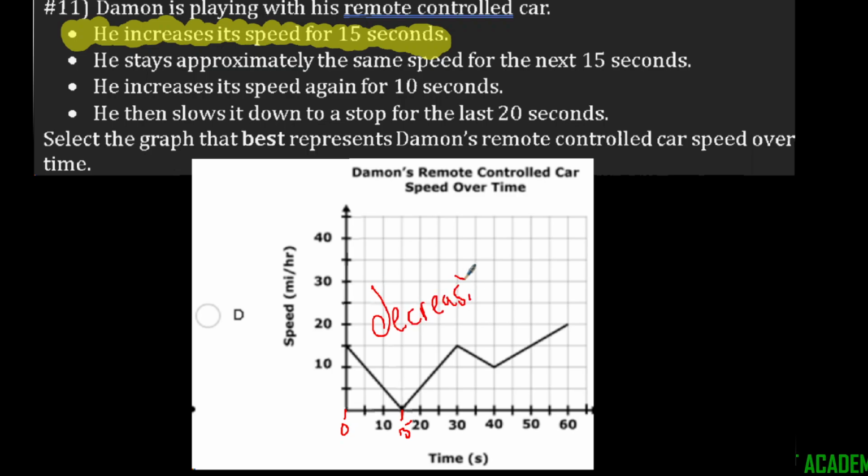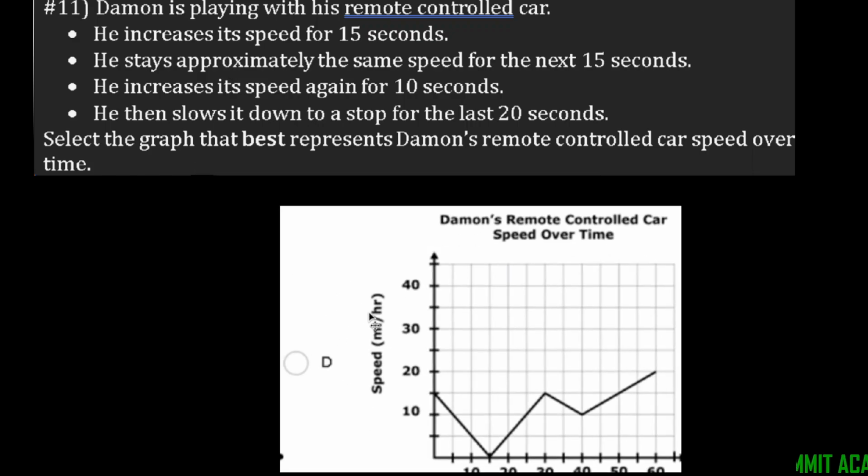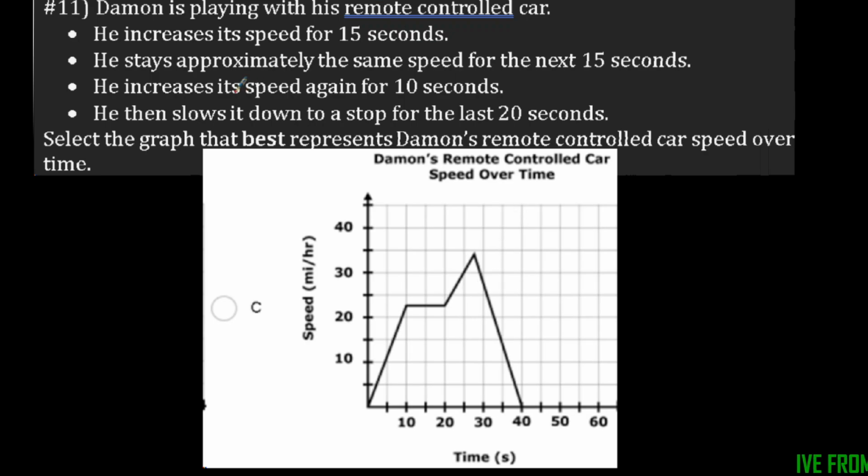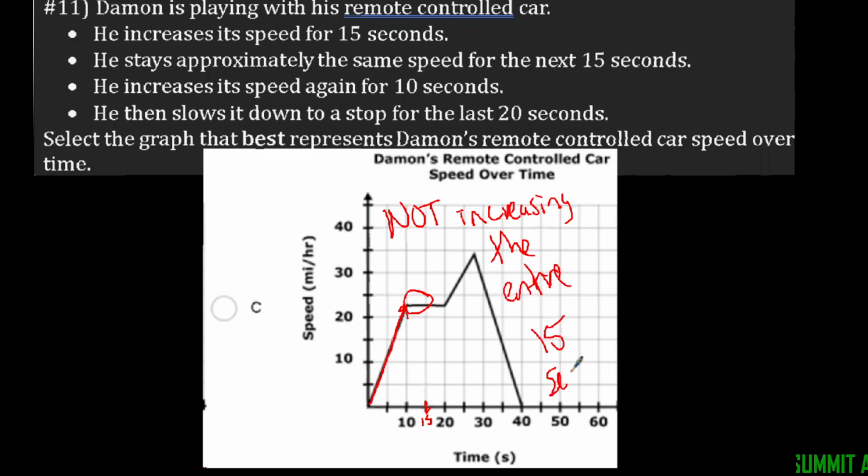As that's going down, it's decreasing, so it's not going to be D. Then for the next one, C, this is also increasing, so this one is good. However, we have to go to 15 seconds. Notice on this part right here, it's not increasing the entire 15 seconds. So because of that, it cannot be C.